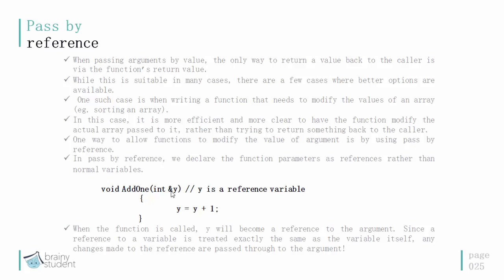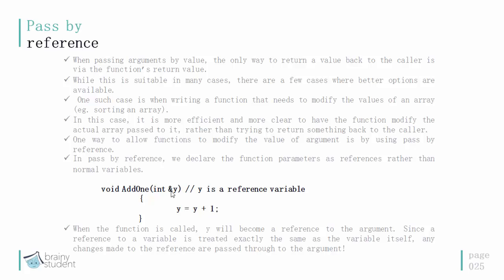What it is doing is working on the duplicate copy in memory. So this mechanism is fine if the function does not need to alter the value of the actual variable in the calling program. But there are situations where we would like to change the value of a variable of the calling program.